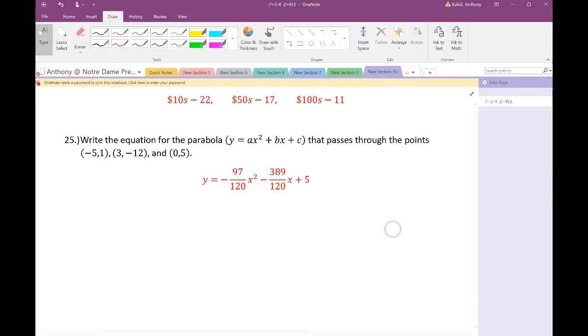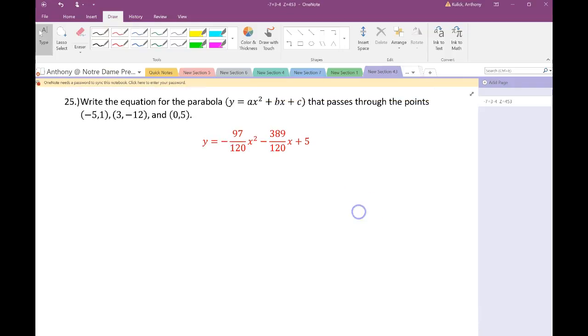25. So the idea here, the equation for the parabola is this. So there's 3 things I need to find. I need to find A, B, and C. So to do that, I have 3 sets of x, y's. So I'm going to plug in each x, y into this equation to get a new equation.